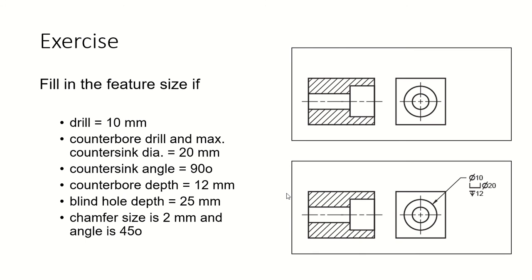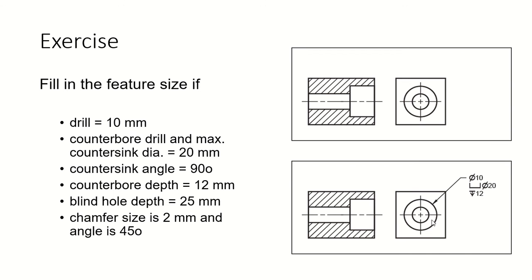Alright, we do a little exercise. So here, you're given your drill and your counterbore, countersink angle, all that, right? So this is what we call a sheet. So you have your dimension sheets right there, and then we have to fill in your drawings in the feature side.